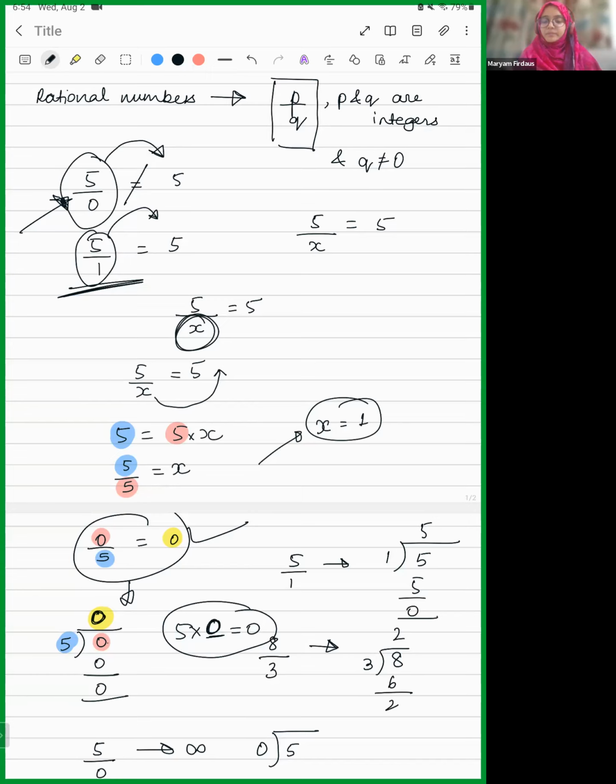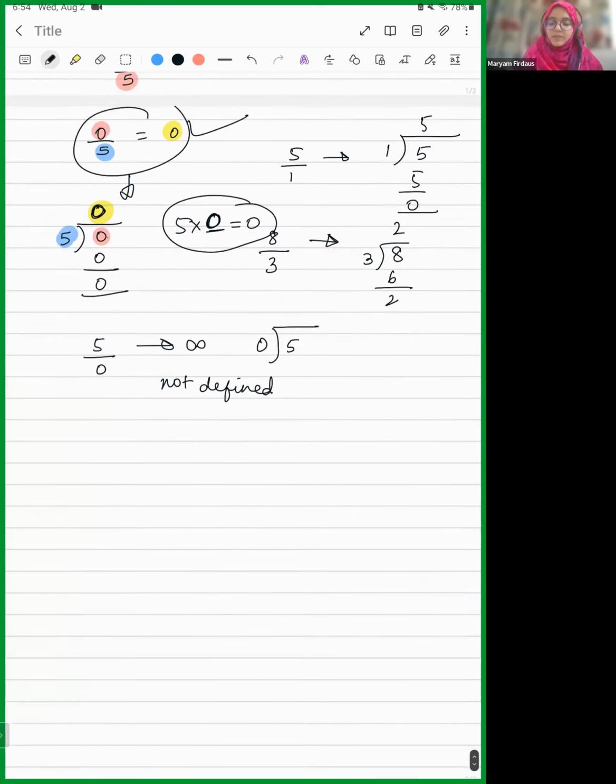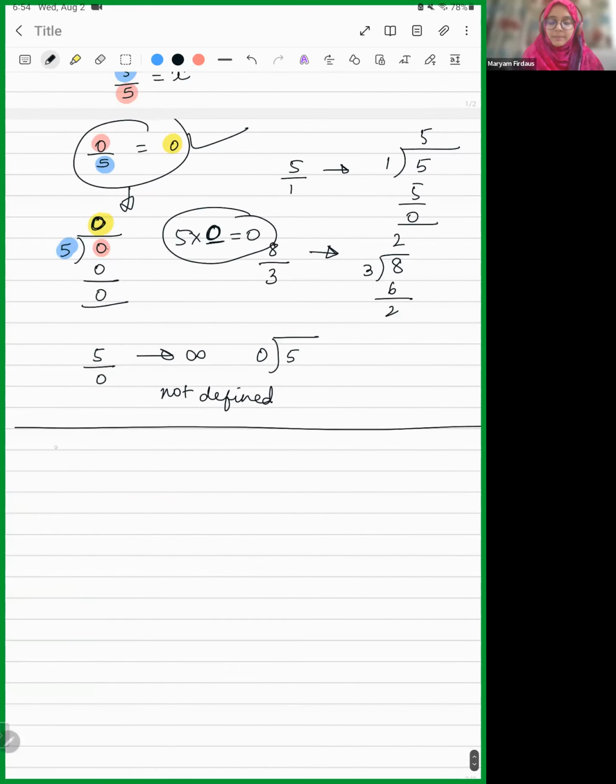Now the question is, can P be 0? Initially, I asked you this question. Yes, P can be 0. Why? Can you give an example of a number where P is 0? 0 itself. 0 is a number which can be written as 0 by 2 or 0 by 3, 0 by 4.